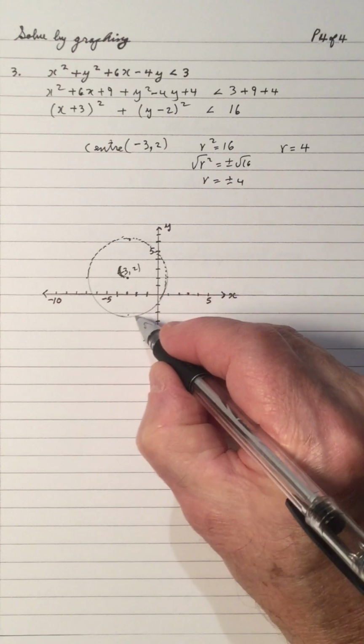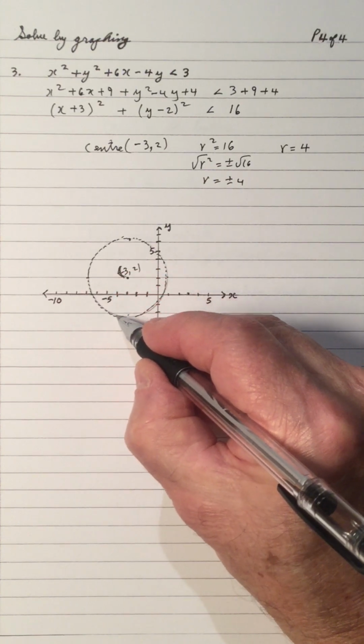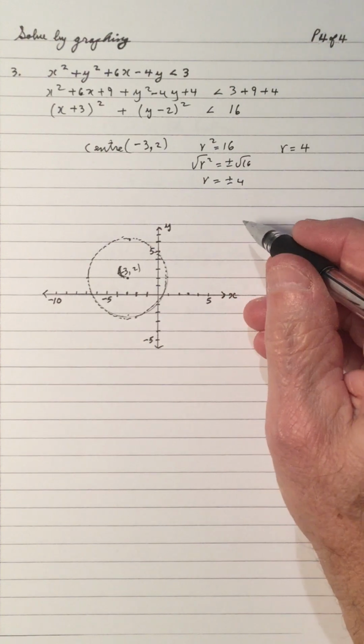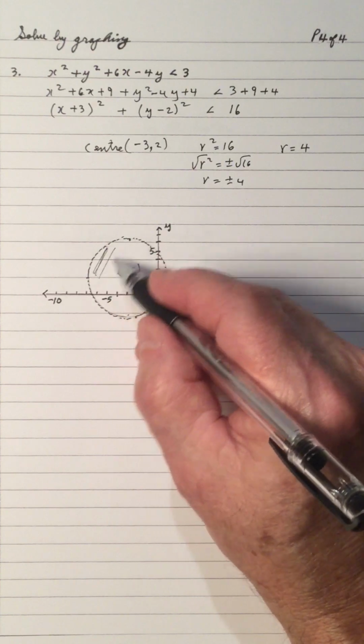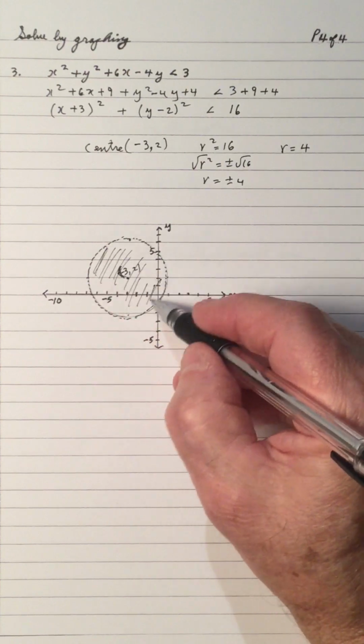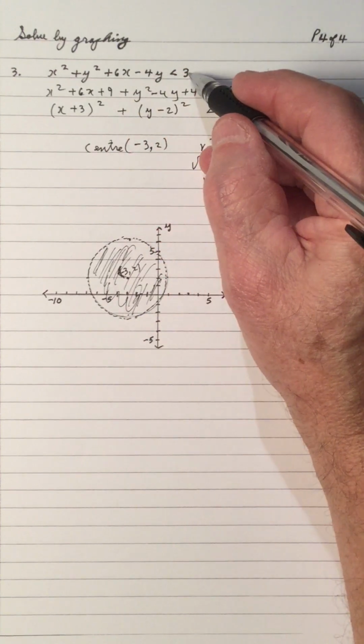The boundary line didn't say equal to, so it's not solid, it's broken. And less than should be inside, so we're shading on the inside. All the points inside of this circle make this inequality true.